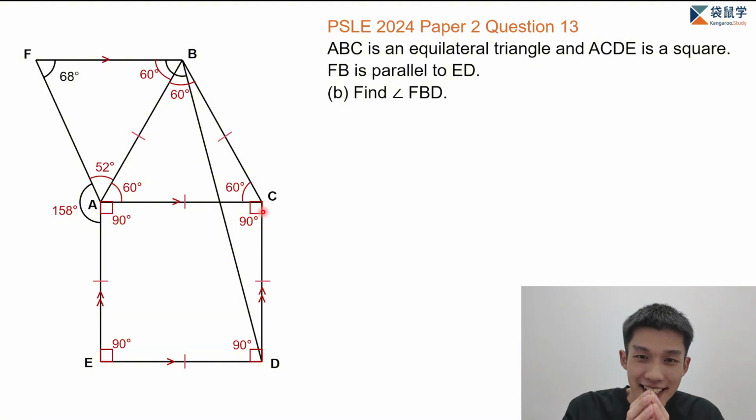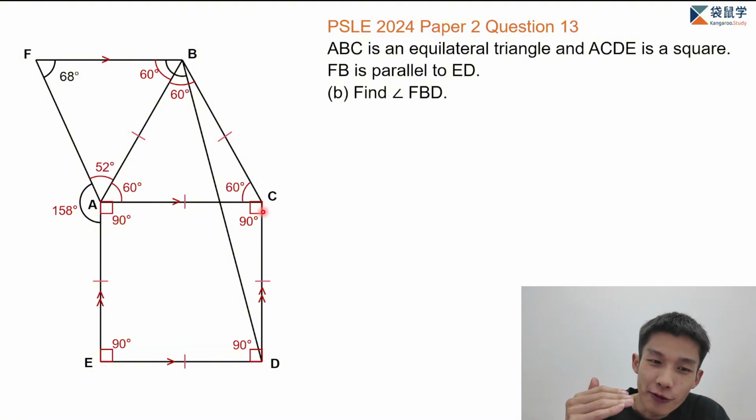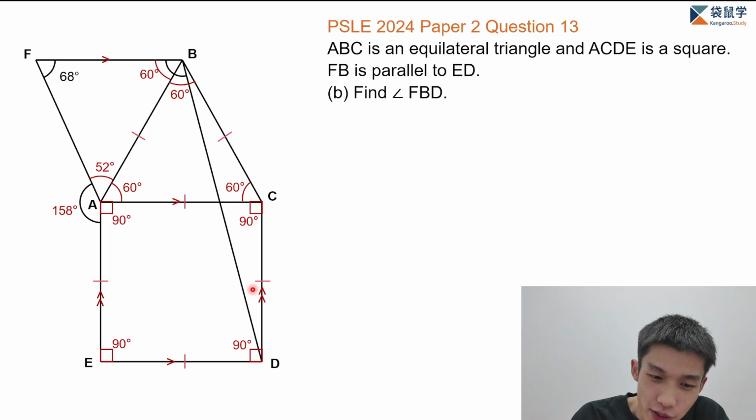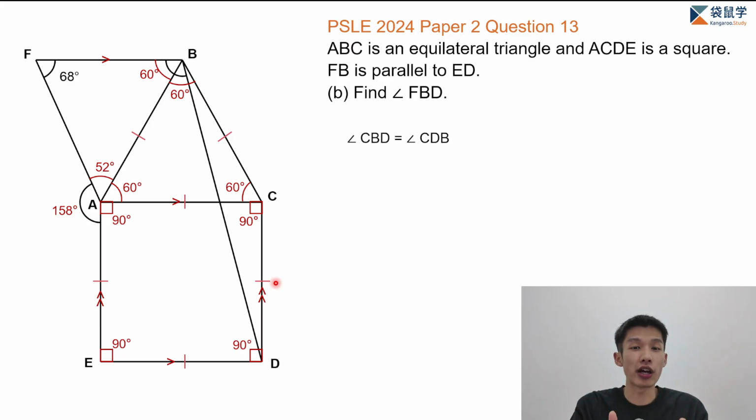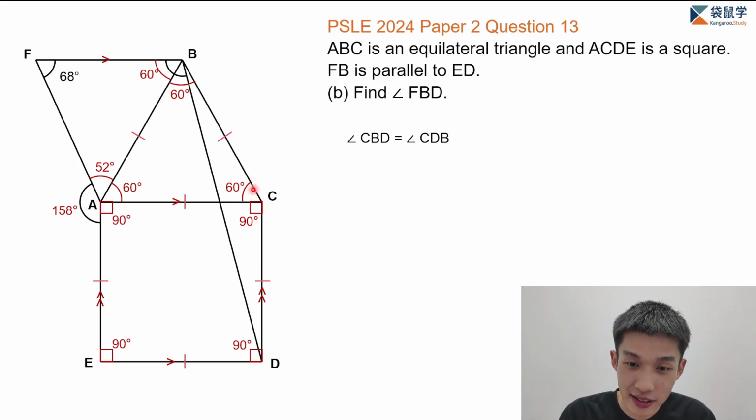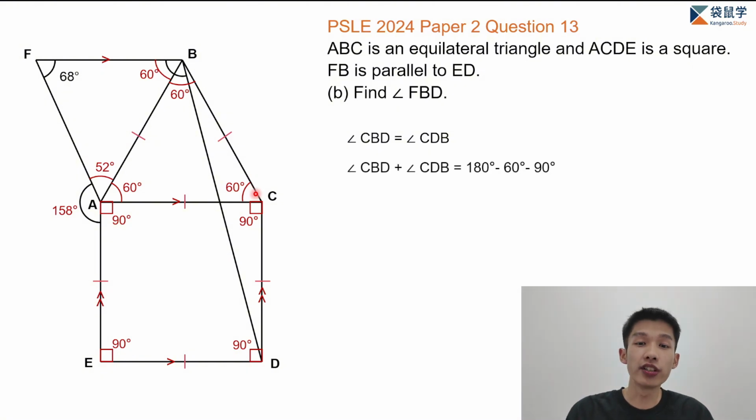And BDC is what kind of triangle? Very good. Using the information we just labeled, the equal lengths tell us it's an isosceles triangle. In an isosceles triangle, two of the angles are the same. And we know the last one, which is 60 plus 90 degrees. So the sum of the other two angles is 180 minus this angle.